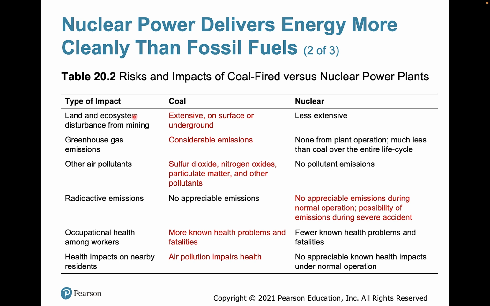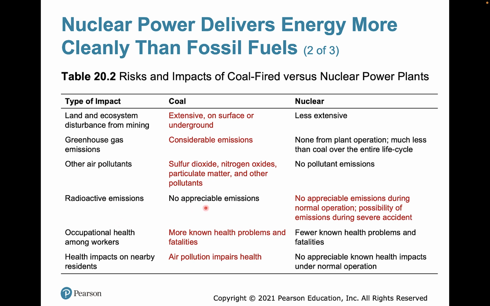All right, so the red is the bigger risk, right? So if you look at issues related to ecosystem disturbance from mining the material, it's more extensive for coal. You look at greenhouse gas emissions, a lot more greenhouse gas emissions from coal than from nuclear. Air pollutants, you got nothing from nuclear, and there's a whole lot of stuff that comes from coal.